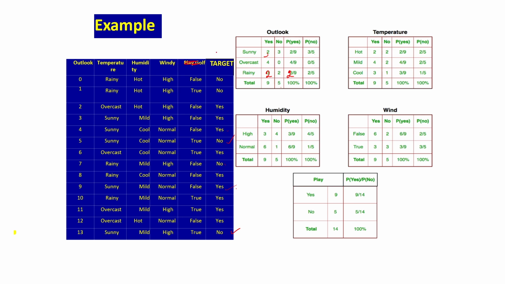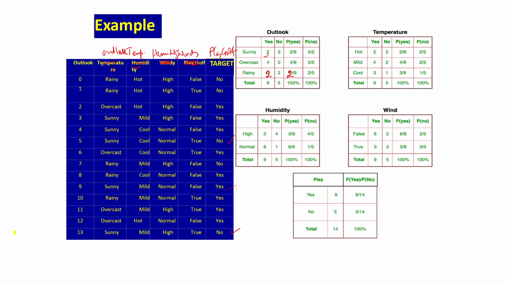this is wrong, this is play golf. The table has been changed because of the change of PowerPoint. So, this is windy, this is not windy, this is humidity, this is your temperature, this is your outlook.